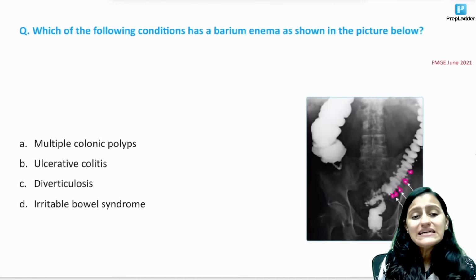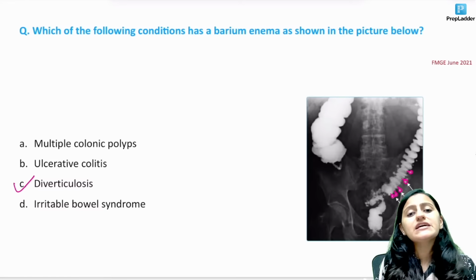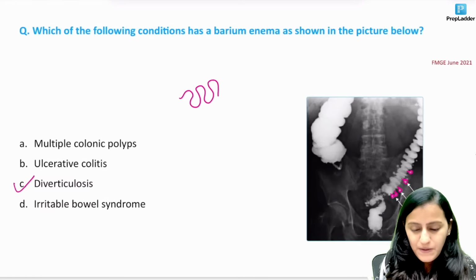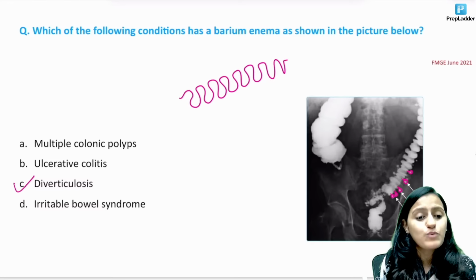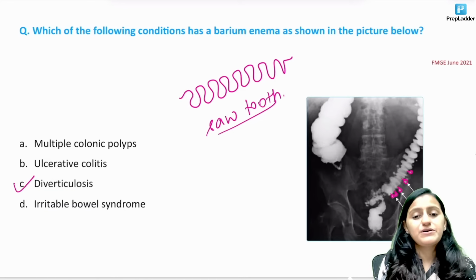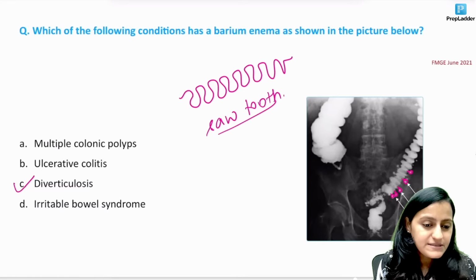So these are diverticuli. This is diverticulosis. What sign do you see in diverticulosis? The multiple outpouchings, they give what sign? That is called as sawtooth appearance. Okay, that is sawtooth appearance. Clear with everyone? Yes?